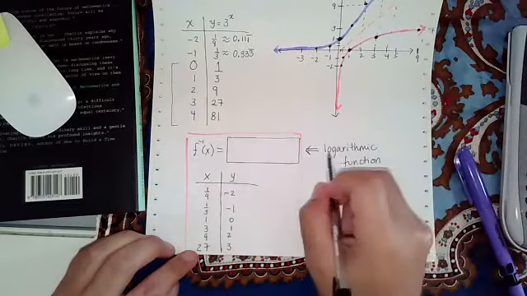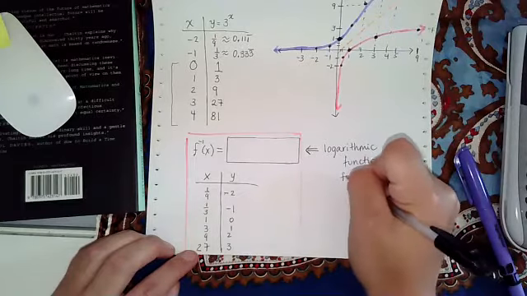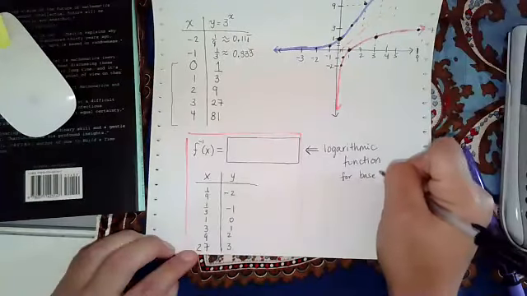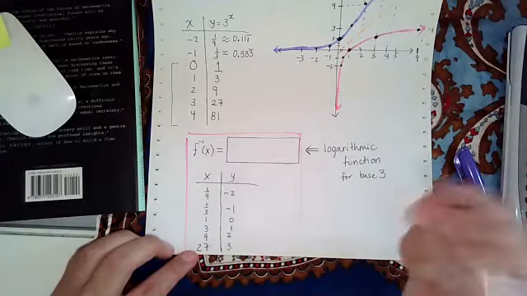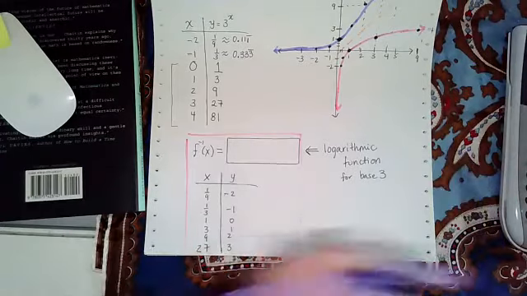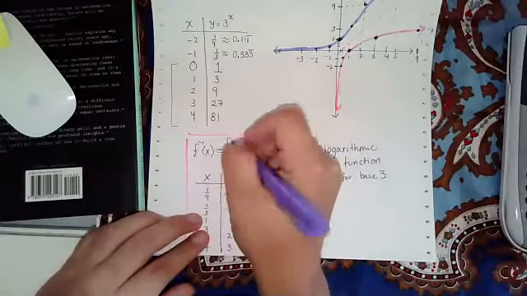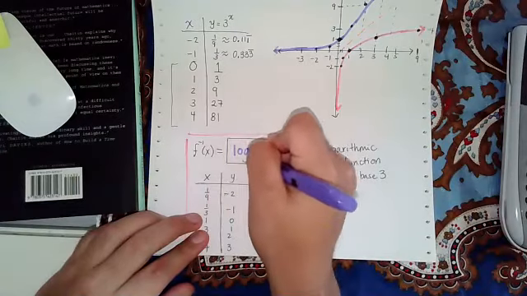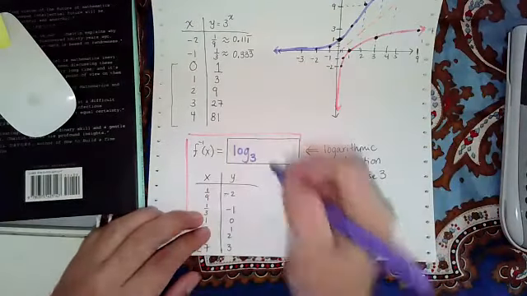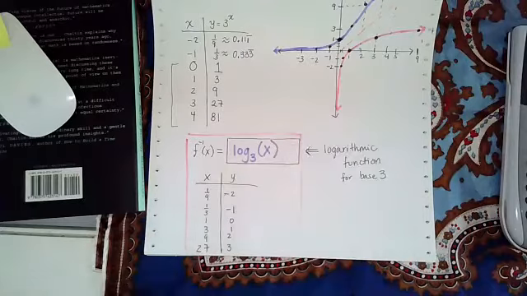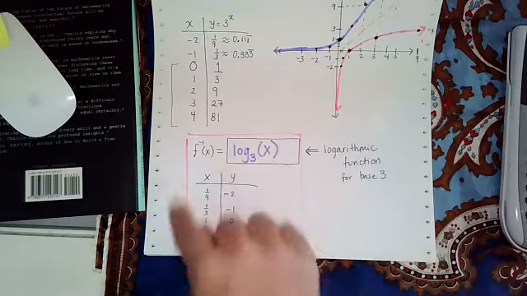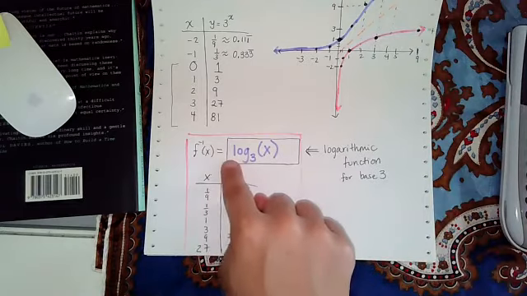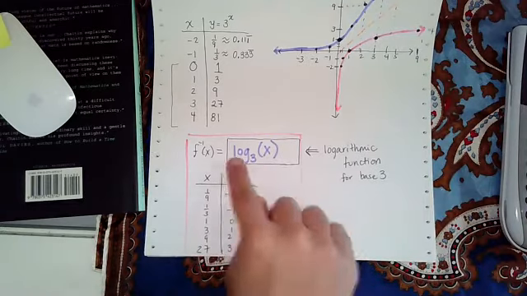So this has to be a logarithmic function for the base 3. And so what mathematicians do is just write this as log 3 of x. They have simply defined the inverse function to be this set of symbols.